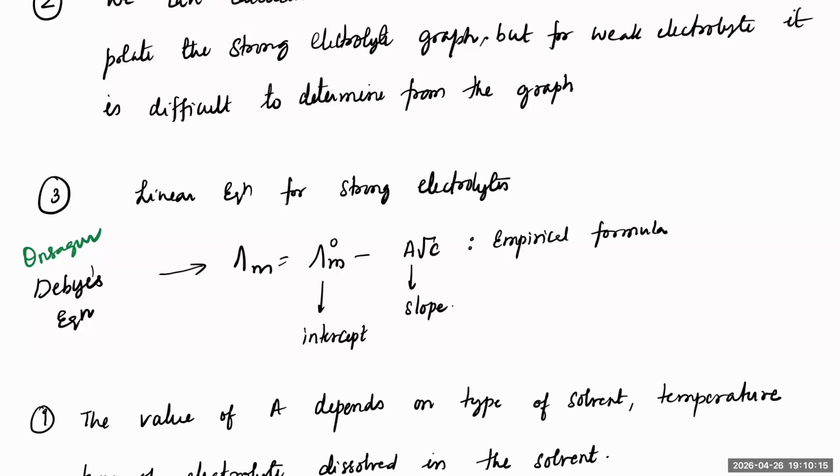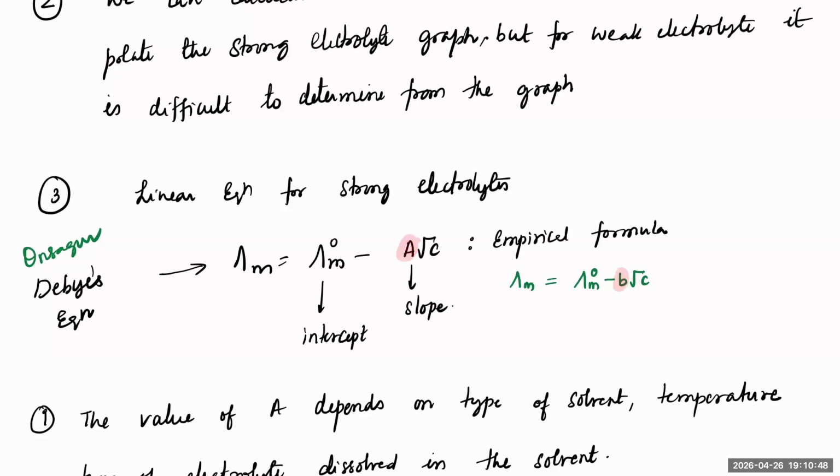It is a linear dependency of molar conductance with respect to root C, wherein lambda m naught is the y-intercept and the slope is negative, minus A. Sometimes this is given as B also, so it is just a constant value. In some equations it is given as lambda m equals lambda m naught minus b root c. B is a constant here, or A is a constant here.